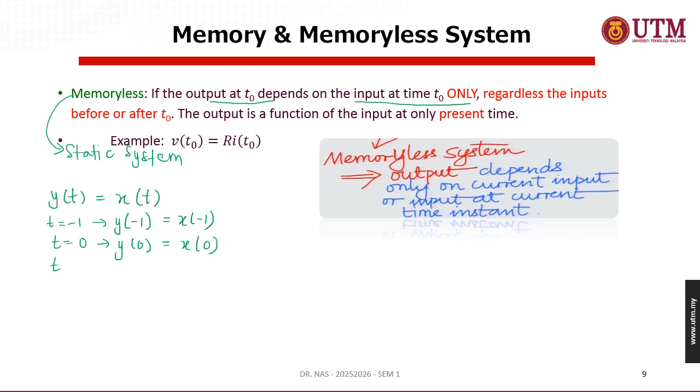And if we try a positive value, t equal to 1, y(1) equals x(1). So we can see that every output only depends on the same t value. There are no future or past values, so this is a memoryless system. This is the first example.